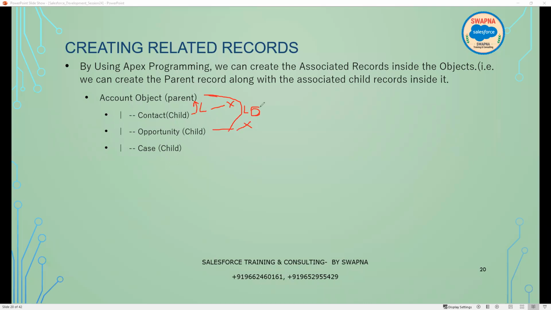Also, on top of this, an additional feature is that we can have a roll-up summary field implemented on the account. Between case and account, it's a lookup relationship, and the feature is that whenever a case is associated with the account, the parent record, we cannot delete the parent record because there is a case associated to it.